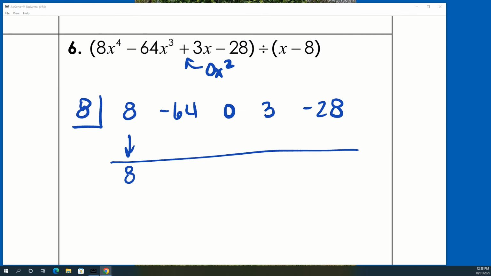All right, so we bring down that 8, and then we start multiplying. 8 times 8 is 64. And when we add, we get 0.